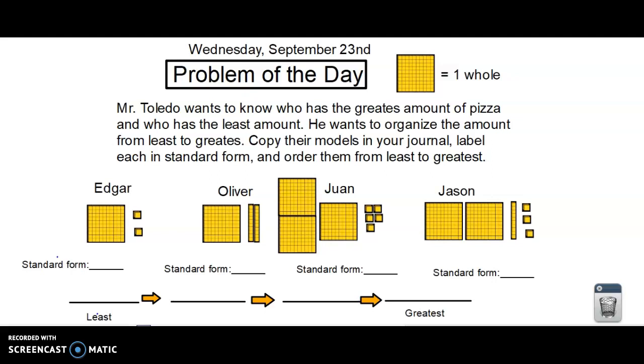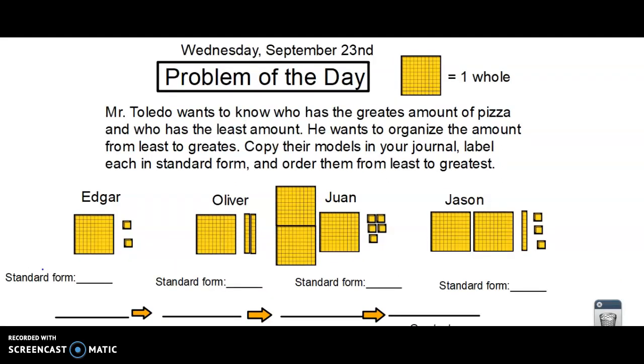Okay, let's pause here for a minute and look over our different models. We're going to start with Edgar. As you can see, we have one whole and two hundredths.